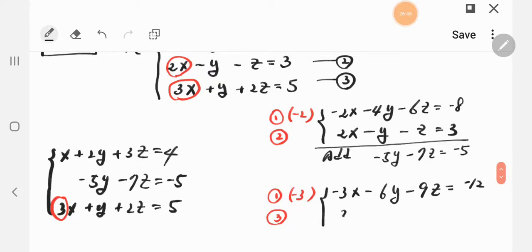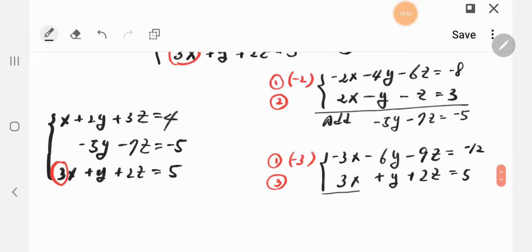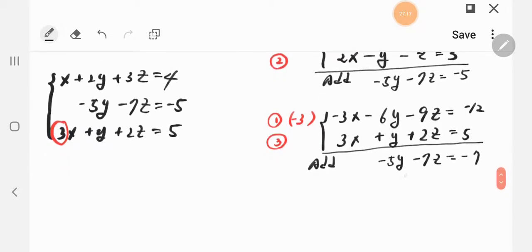And the third equation is 3x plus y plus 2z is equal to 5. Add. Then we can cancel out the x term. The negative 5y minus 7z is equal to negative 7. So now replace the third equation by this result.